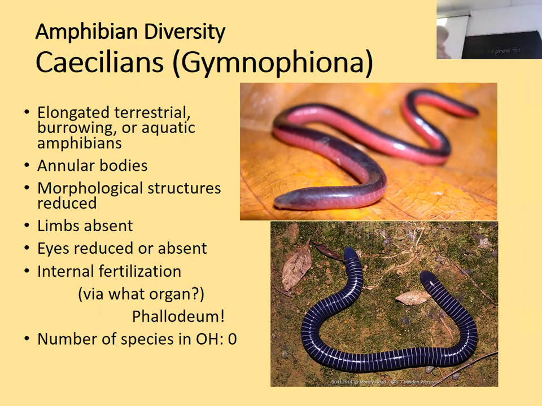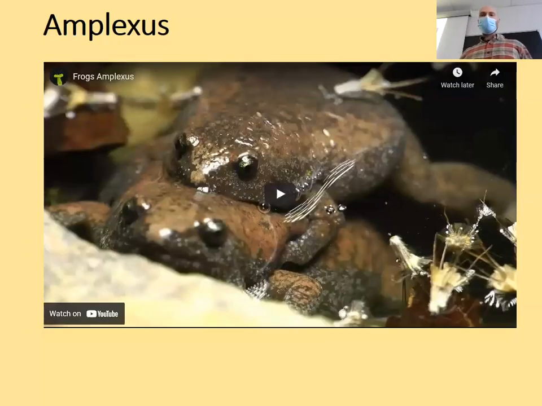So I mentioned that these guys reproduce via internal fertilization. That's in opposition to external fertilization, which is what our anurans do. They do this by getting themselves in a position called amplexus. Amplexus is the mating position without an intromittent organ, so there's external fertilization.